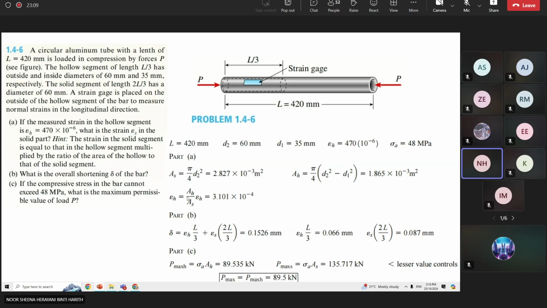So this equals the area AH divided by AS times the epsilon H. From here, you already determined the hollow area AH and the solid area AS, and the rest is already provided in the question. So you just put all the values inside this equation. You get the strain at the hollow section equals 3.1001 times 10 to the power minus 4.